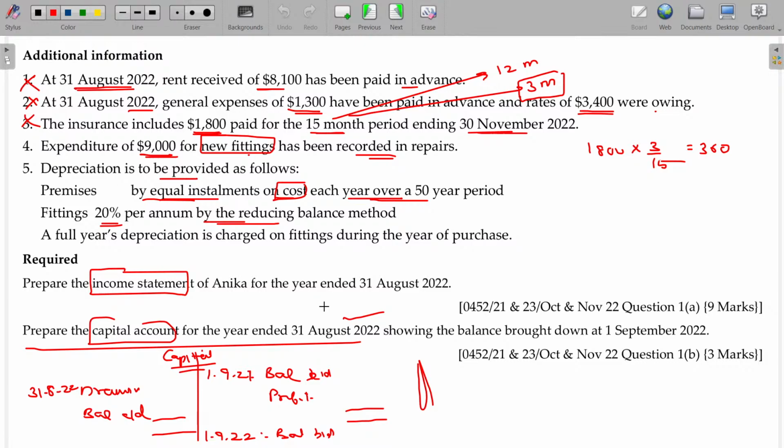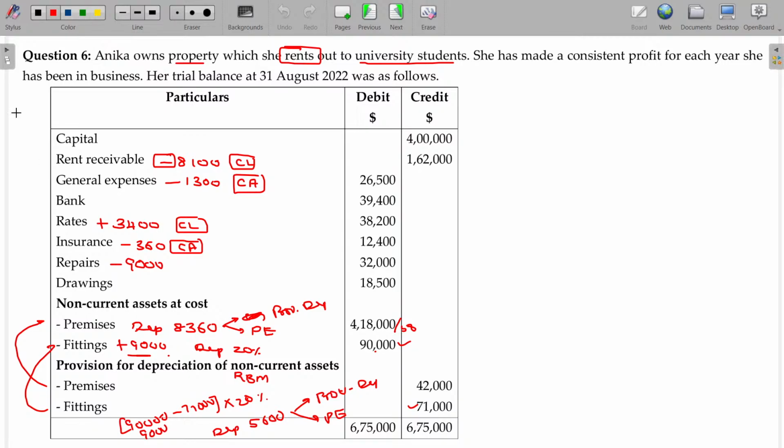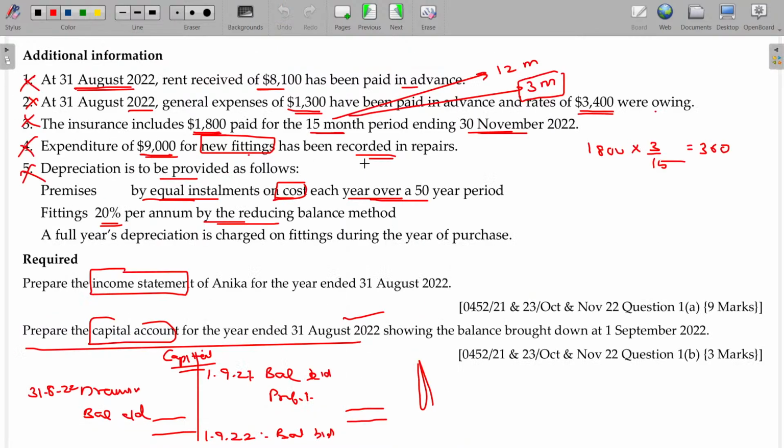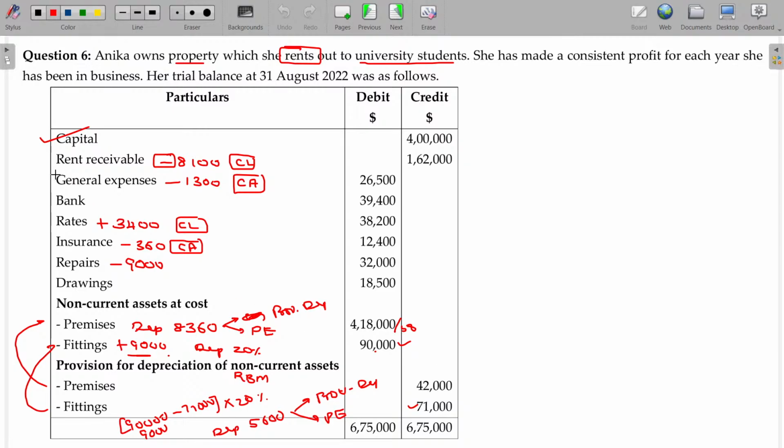Right. So all the things are posted here. Let's now start with capital. We'll take to the capital account 4 lakhs. And then rent receivable. We don't have the trading section, only rent. We don't have purchases here.